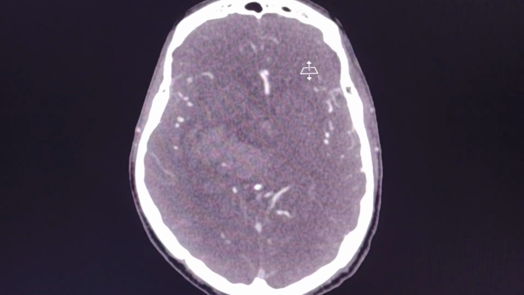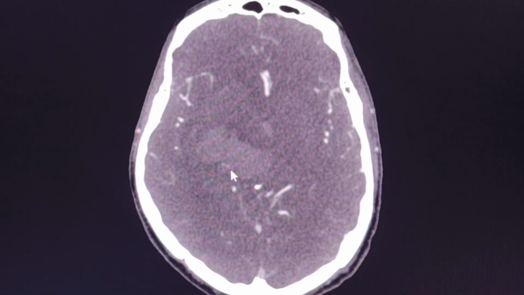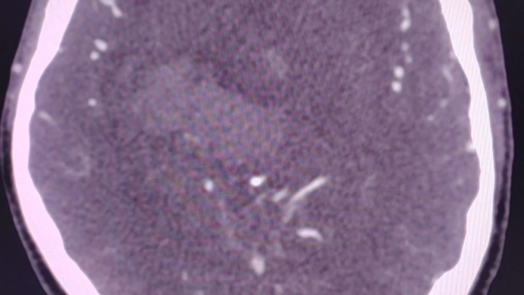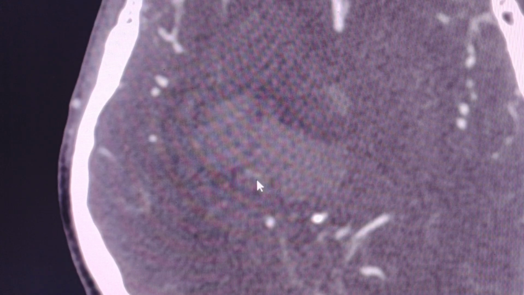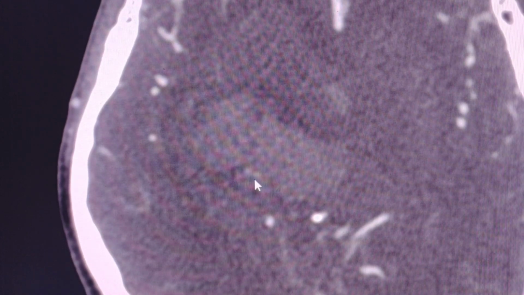And given the history and this finding here, the arterial blush, a rupture of Charcot Bouchard aneurysm is the most possible diagnosis.